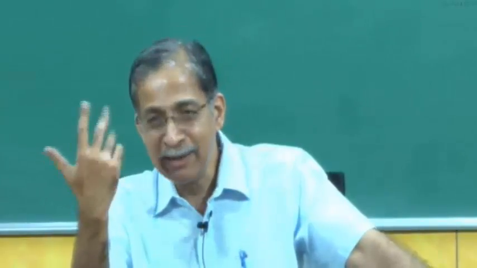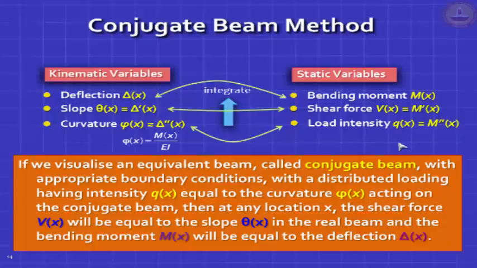Virtual work is imaginary work, right? If we visualize an equivalent beam called a conjugate beam with appropriate boundary conditions, that's important, with a distributed loading having an intensity q of x, which is equal to the curvature acting on the real beam.